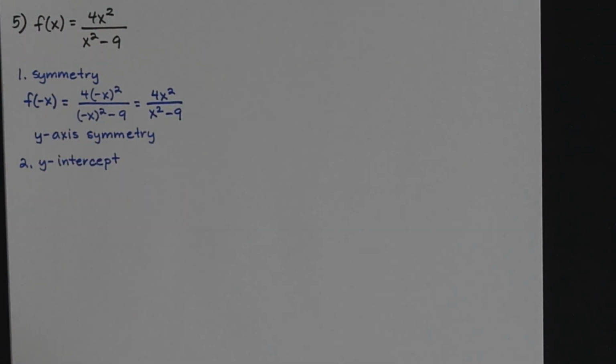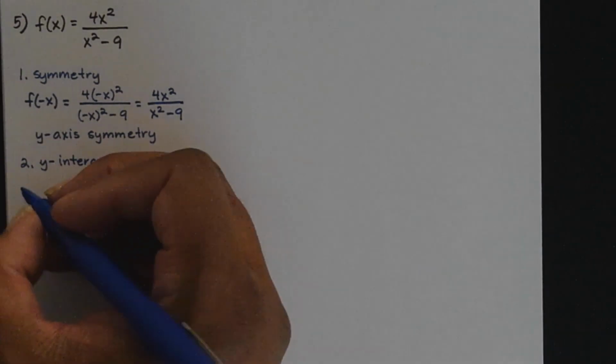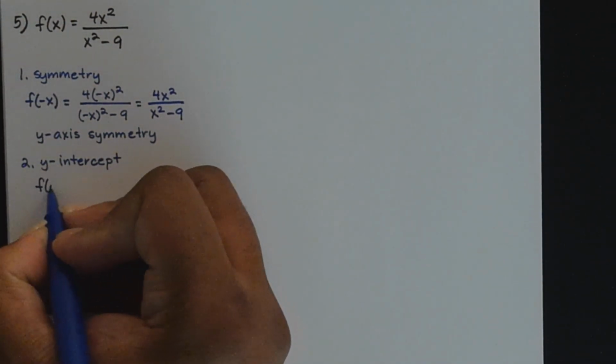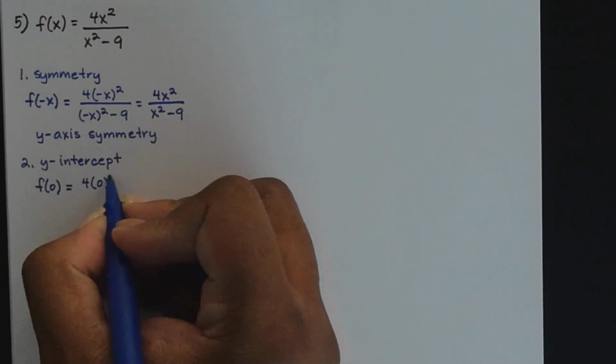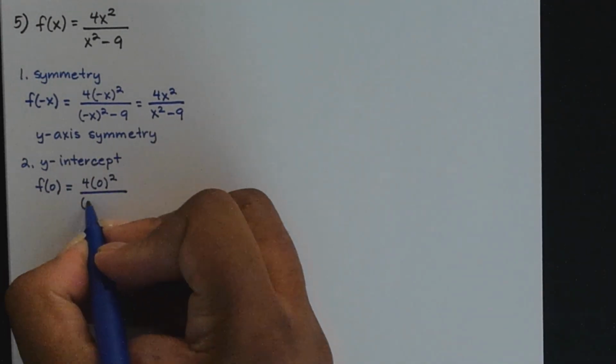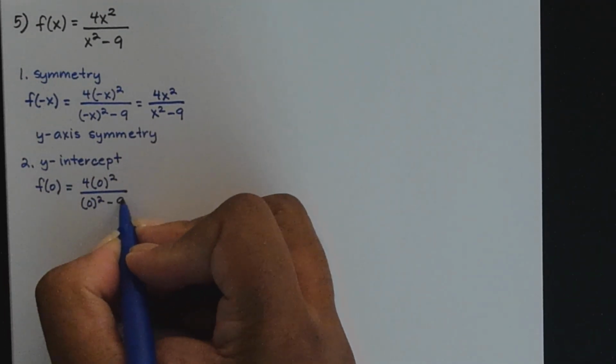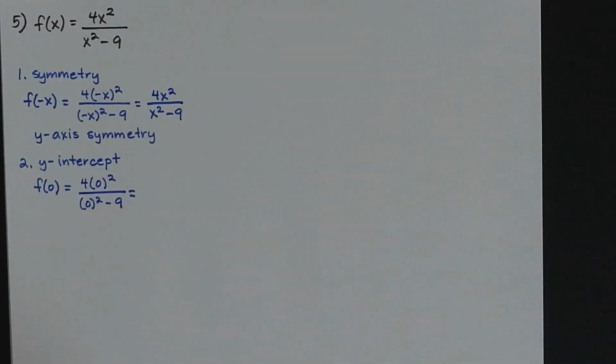So to find the y-intercept, we substitute each x in the f of x function with 0. So we're going to evaluate f of 0. That would be 4 times 0 squared divided by 0 squared minus 9.